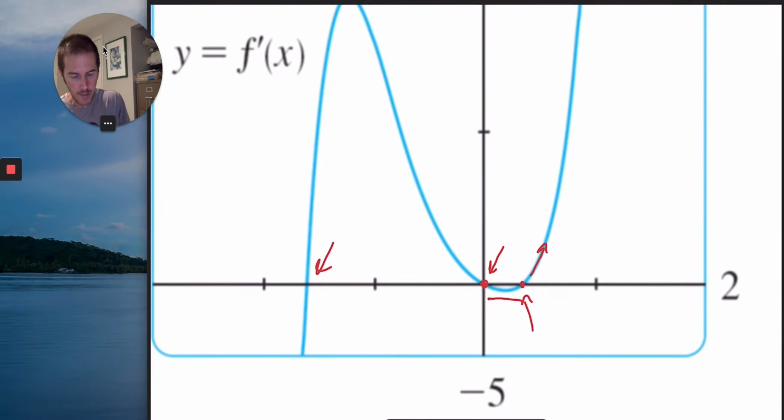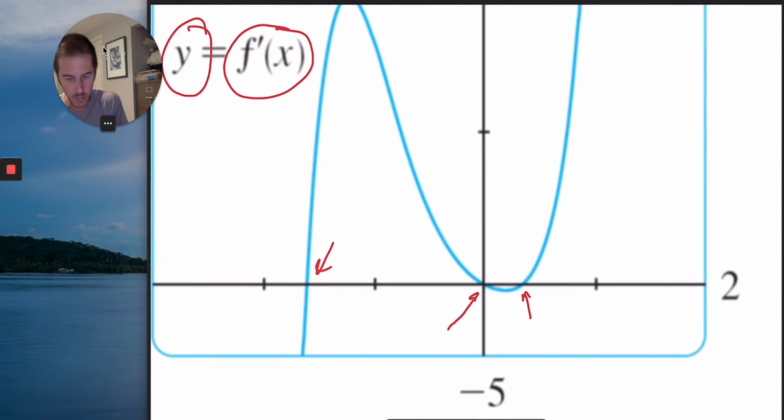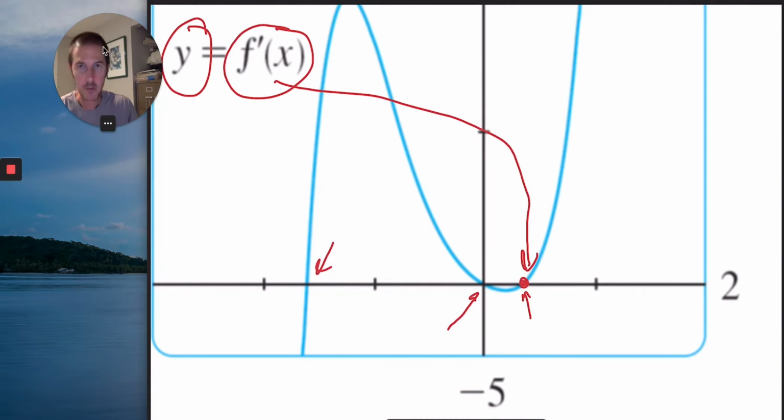Now remember, we're looking at the graph of f prime. So the y value at this point is 0, which means that when x equals 0, we've got a horizontal tangent line. Here, f prime is equal to 0. Look, f prime, which represents the y value. What's the y value? At this point right here, 0.